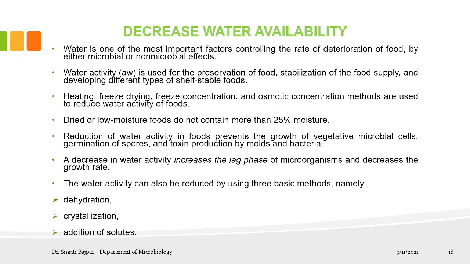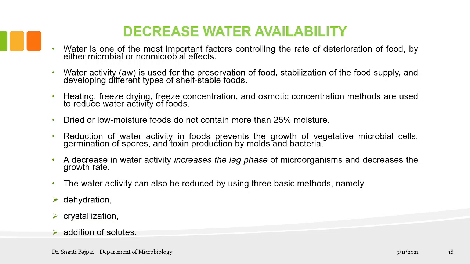When we are sun drying, machine drying, and freeze drying, we are inhibiting the activity of microbes by reducing the water content, by taking the water content out of the food.